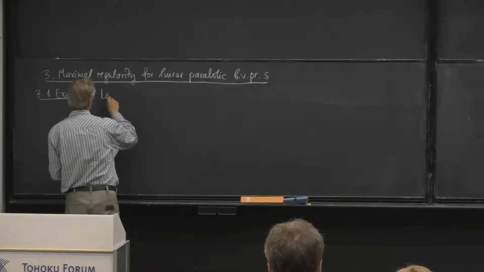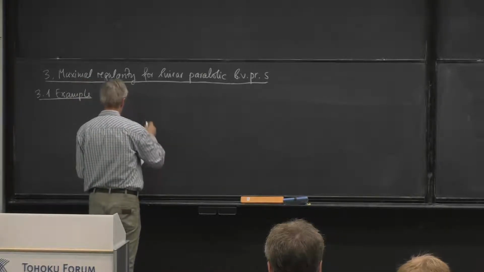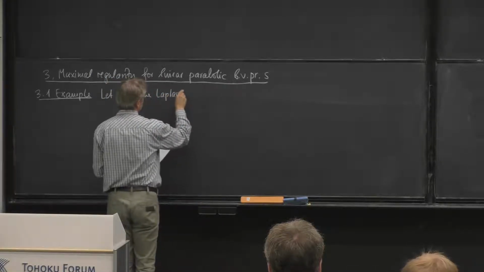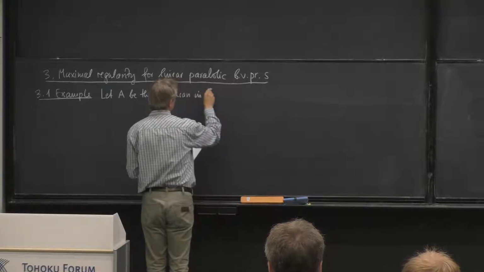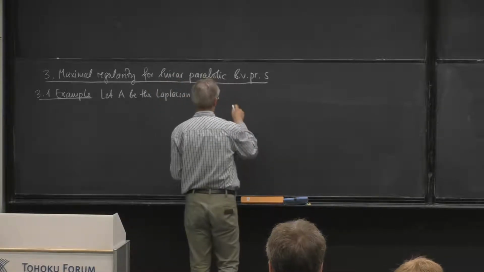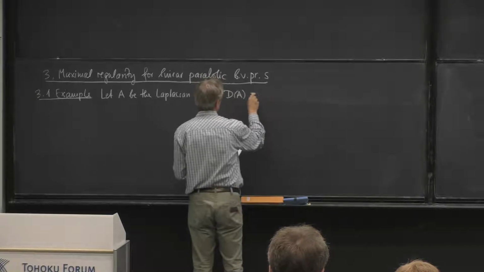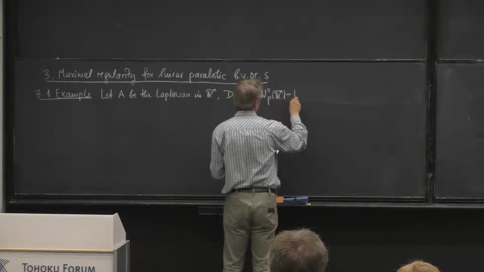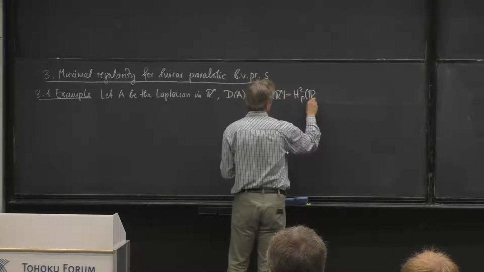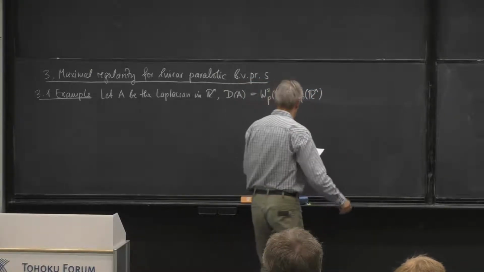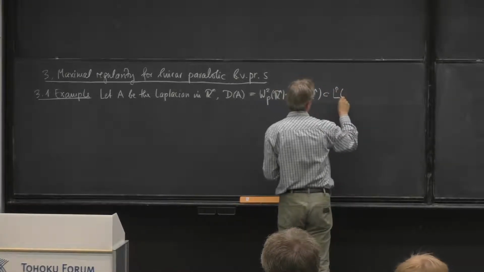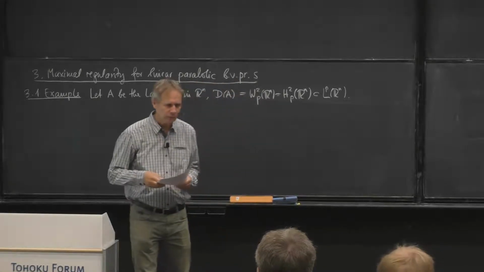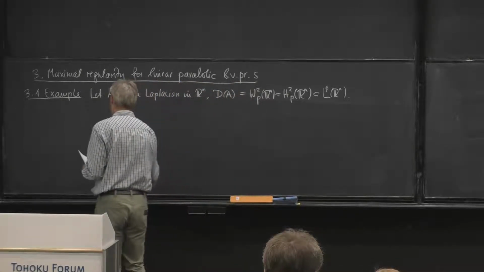So let A be the Laplacian in R^n, which means that the domain of A is W^{2}_p(R^n), which is the same as H^{2}_p(R^n), as a subset of L_p. So I consider this as an unbounded operator in L_p. And we want to understand its resolvent.